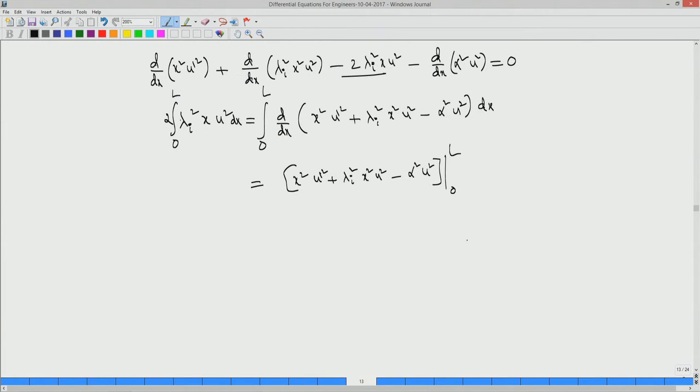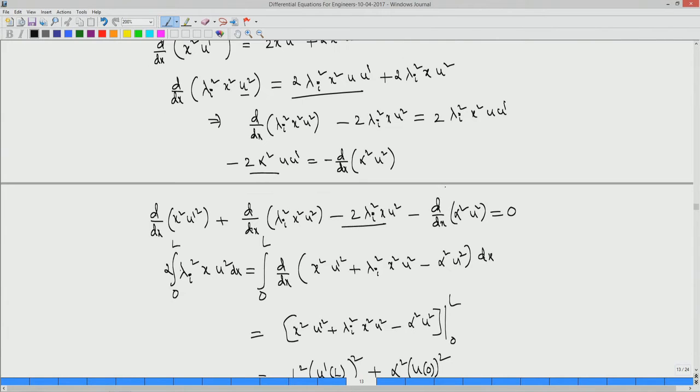Now, you see that u at L is 0. So, this is nothing but L squared u'(L) squared, minus, when you put 0, this is 0 and this is 0, and you have minus minus plus alpha squared u(0) squared. You do this properly.